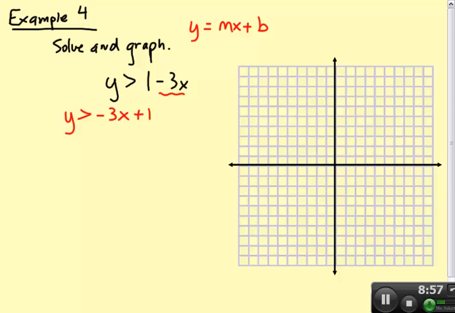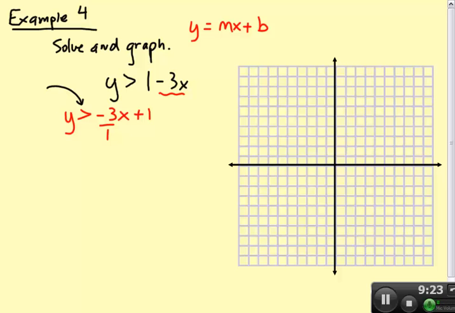Whenever I'm graphing, I like the slope to be a fraction, because a fraction helps with the slope. The numerator's the rise, the denominator's the run. Now everything is in y equals mx plus b form, so I don't have to change anything. Let's notice that this inequality does not have an equal to. That means my line is going to be a dotted line.